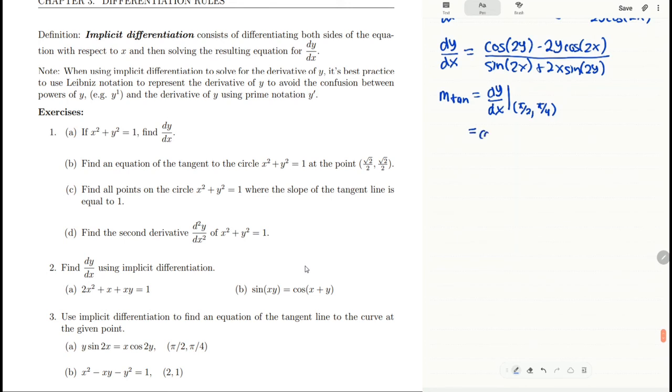We have the cosine of 2 times pi over 4 minus 2 times pi over 4 times the cosine of 2 times pi over 2, all over the sine of 2 times pi over 2 plus 2 times pi over 2 times the sine of 2 times pi over 4.